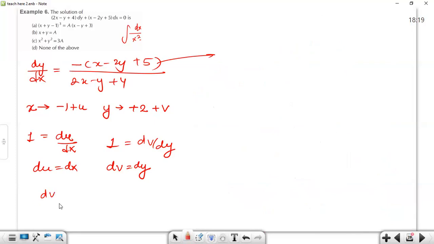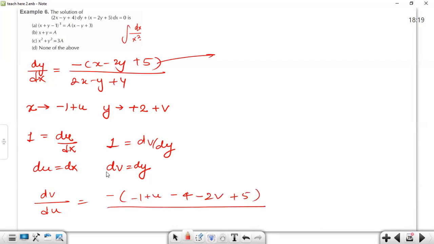dy is dv and dx is du. Minus of x minus 1 plus u, minus of 4 minus of 2v plus 5, over 2x is minus of 2 plus 2u minus of 2 minus of v plus 4, which gives dv over du.